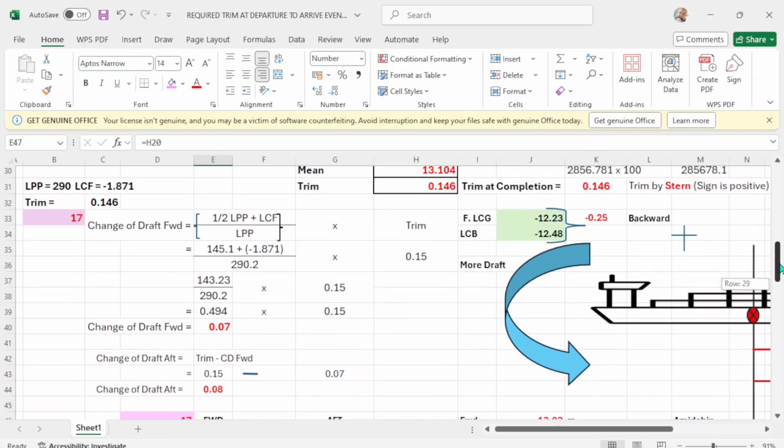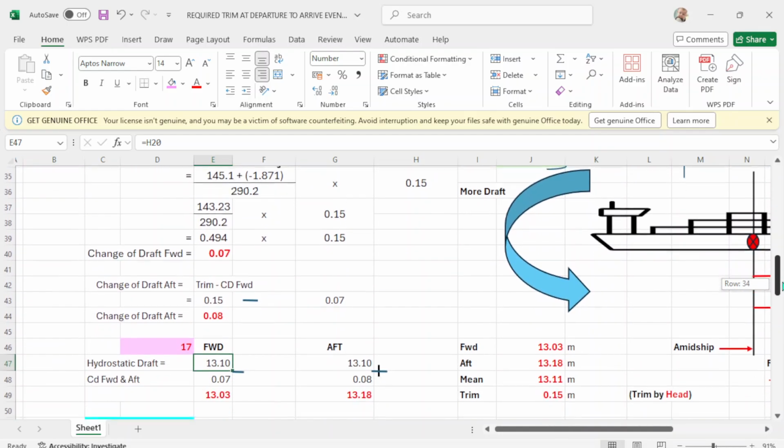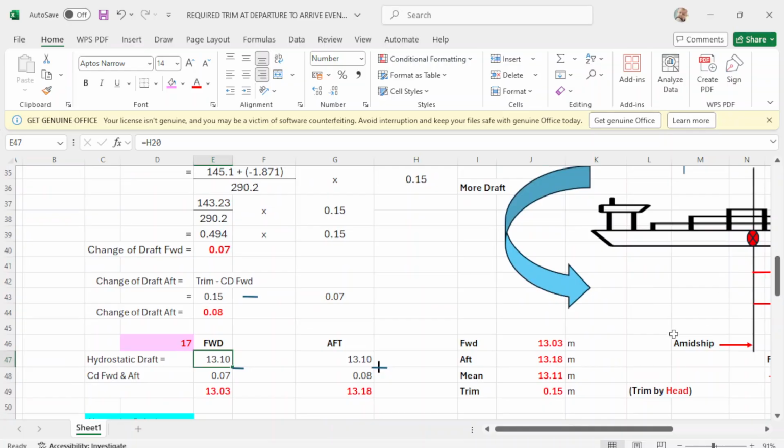Your mean drop is 13.11. Okay, put this one. And your trim is 0.15. You're now trimmed by the stern. So this one is stern.